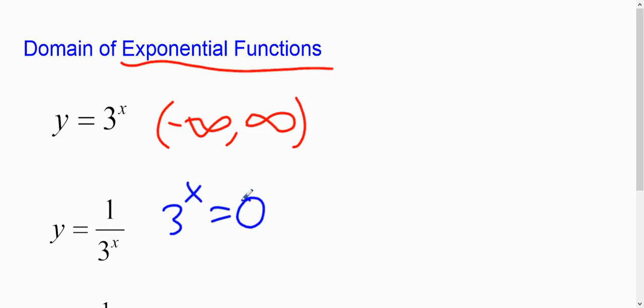Is there any power that we can put on 3 that would make it equal 0? 3 to a big number is a big number. 3 to a negative is a fraction. 3 to the 1/2 is like 1.7. You never get 0. There's nothing you can do that will get it to be 0. So that's still negative infinity to positive infinity.